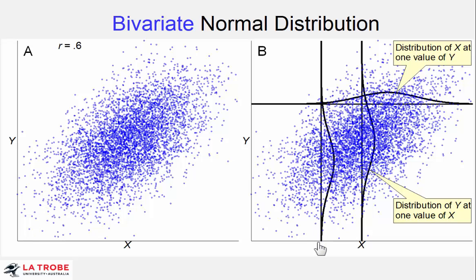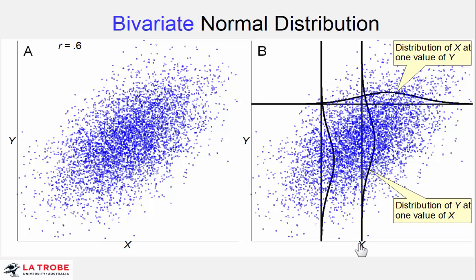Now think about a single value of X and all the Y values for potential points above it. They in fact would have a normal distribution of Y values like this. At any other point along the x-axis, there's a similar distribution of potential Y values.